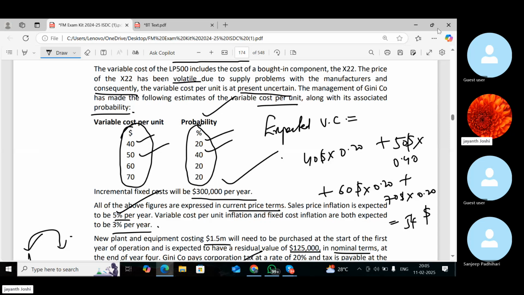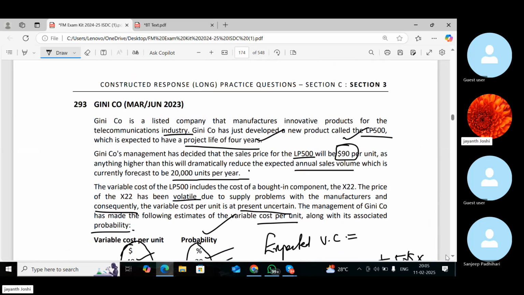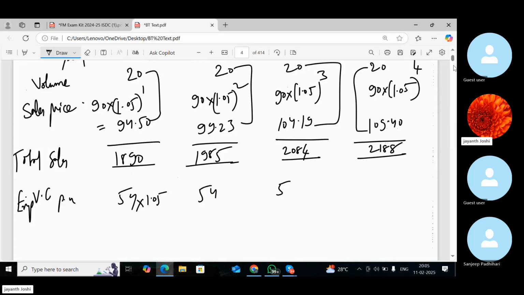The rate of inflation is 3%. So 54 into 1.03, 54 into 1.03 whole square, 1.03 whole cube. You can do it either way, and then multiply with 20,000 units.